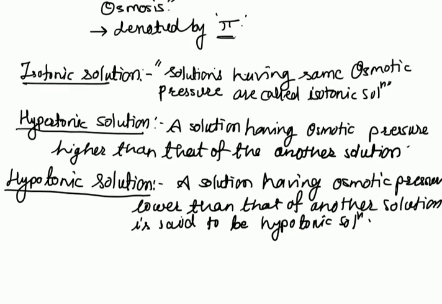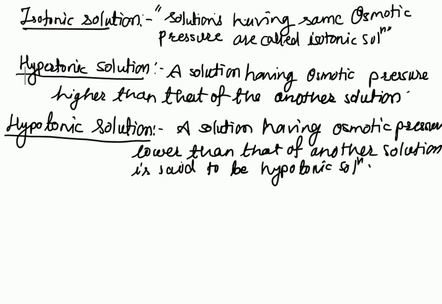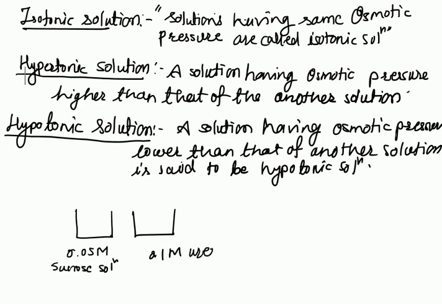For example, we have two solutions. One is a 0.05 molar sucrose solution, and the second is a 0.1 molar urea solution.